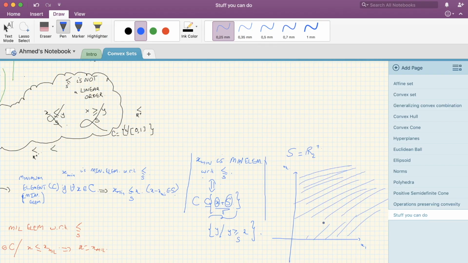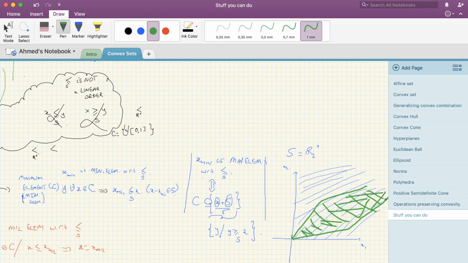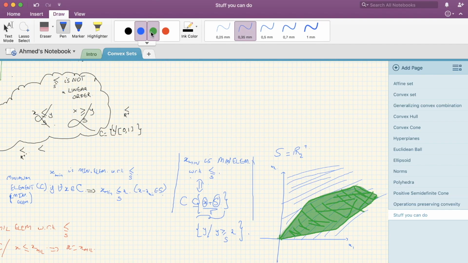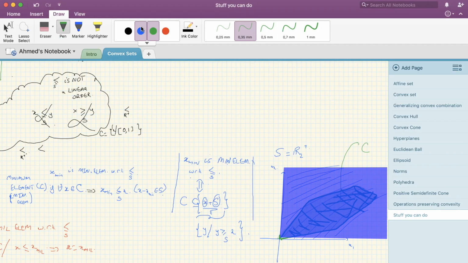My C looks something like this, for no reason, just for the sake of argument. It would be this region right here. If you want, we can close it as such. So this is my C, and the blue region is my S.